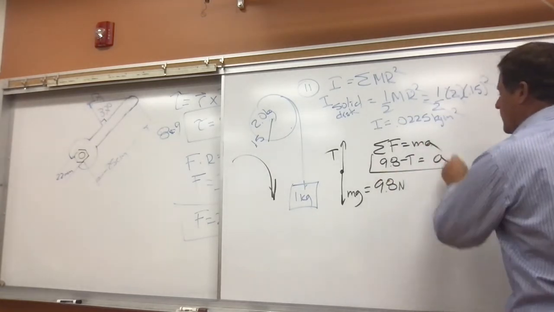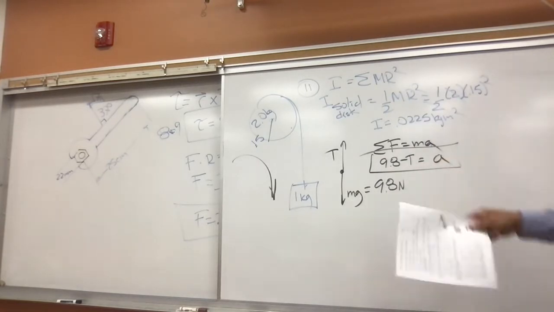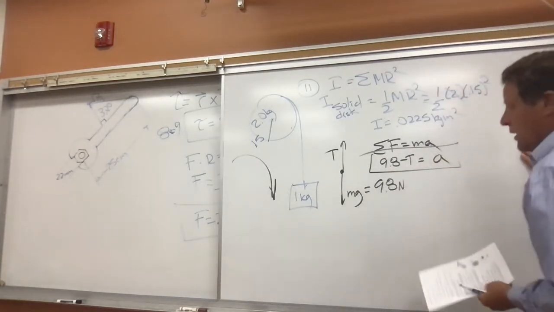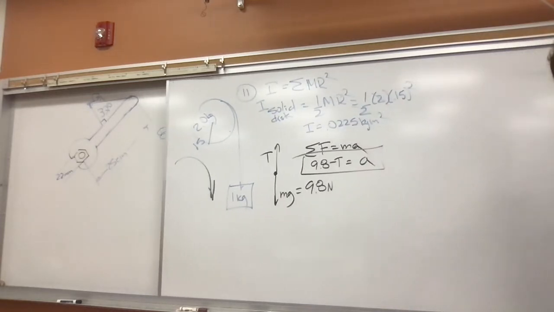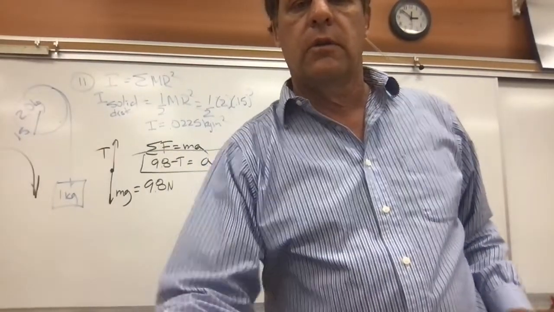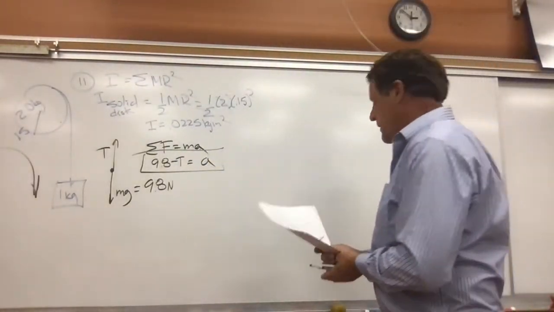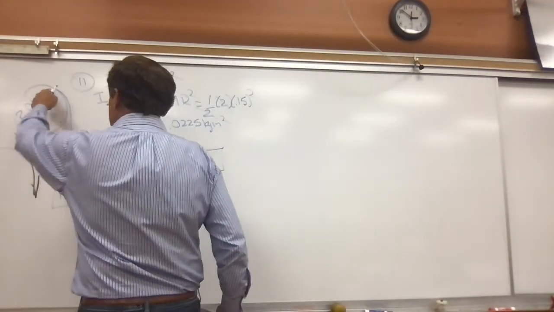So we do not know tension yet, and we do not know acceleration, but we are getting there. Let me straighten this up for us. Okay, that looks better. Now the other thing we want is the free body diagram right there.